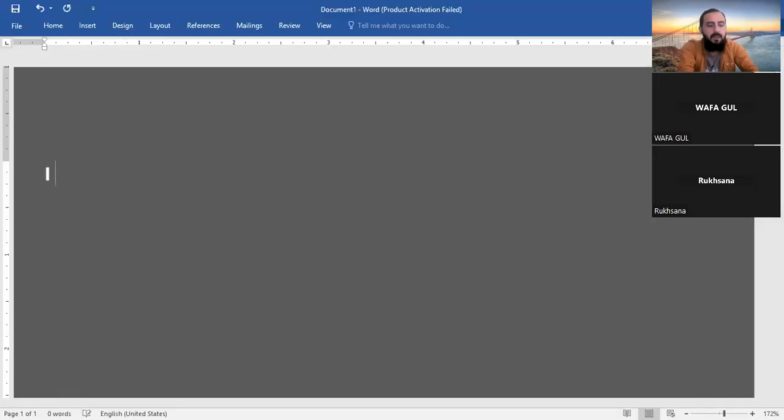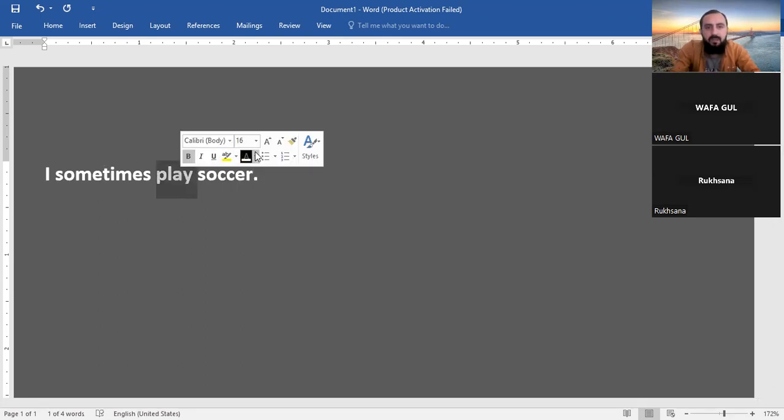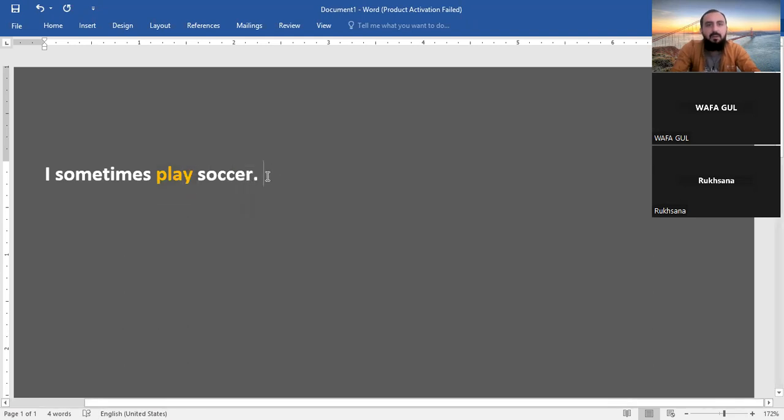I sometimes play soccer. So here we already have a main verb, and this is an action verb, right? So I sometimes play soccer. I use this adverb of frequency before this main verb, okay? If I use it with auxiliary verbs or to have verbs, then I should use it after the auxiliary verbs.